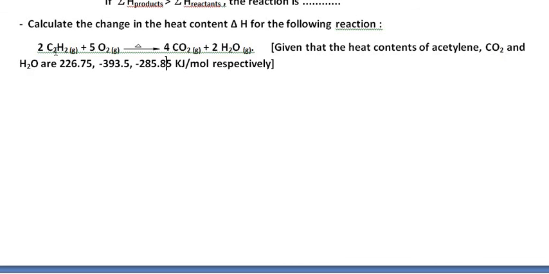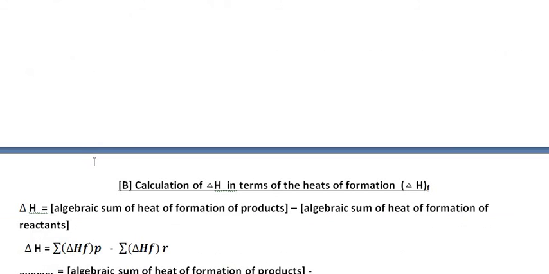Minus, for the reactants, sigma 2 multiplied by the heat content of acetylene, this number, 2 multiplied by 226.75, plus 5 multiplied by 0, because the heat content of any element is zero, and you can get the answer.